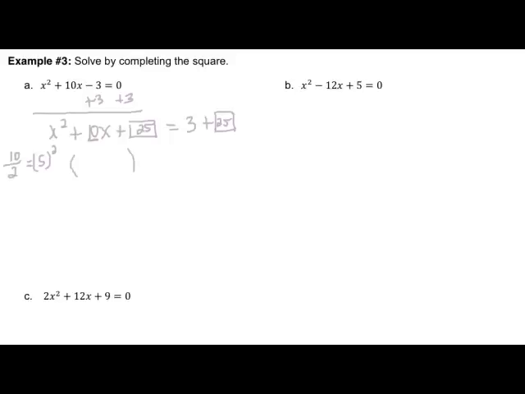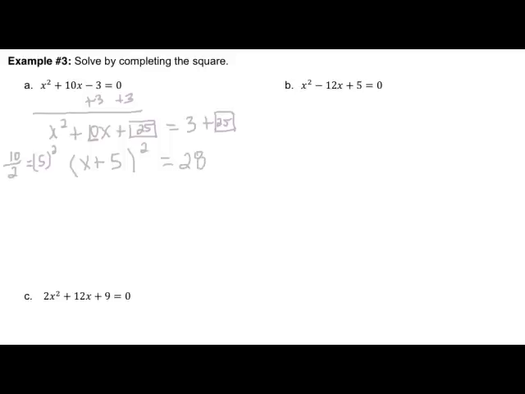Then from here, we can write it as a binomial squared. So we have our x. It's going to be positive because our middle term is positive, and the square root of 25 is 5, or our b over 2, so 10 over 2 is 5, and that equals 3 plus 25, which is 28.